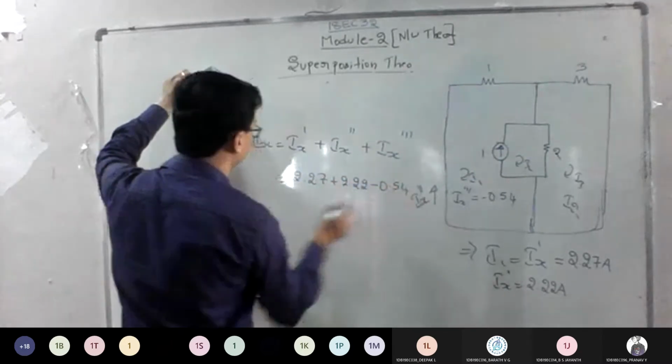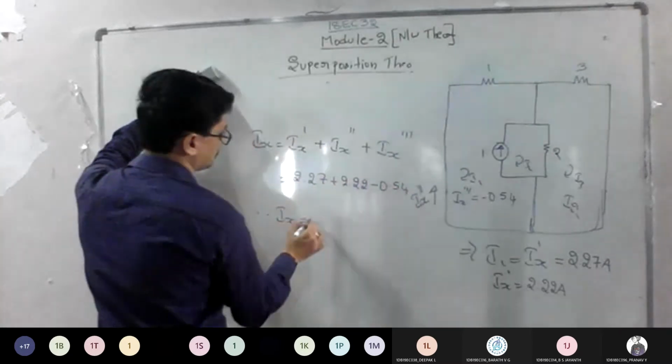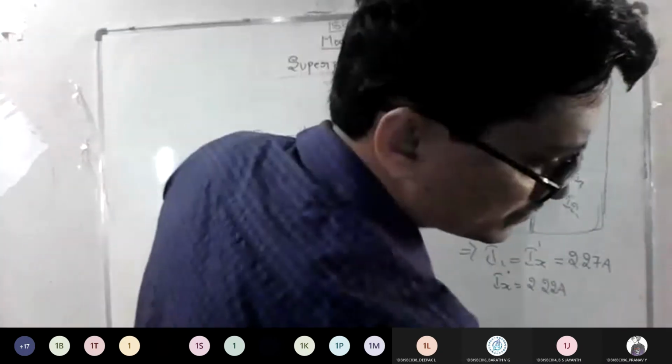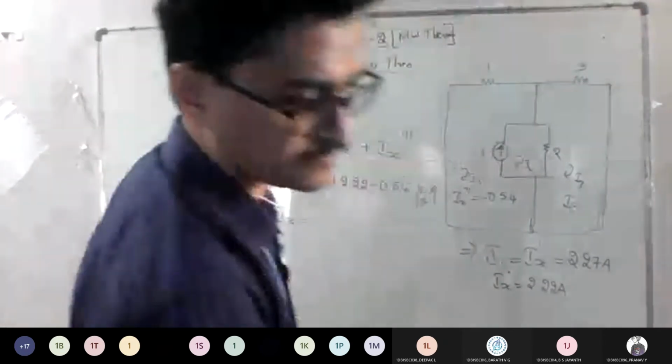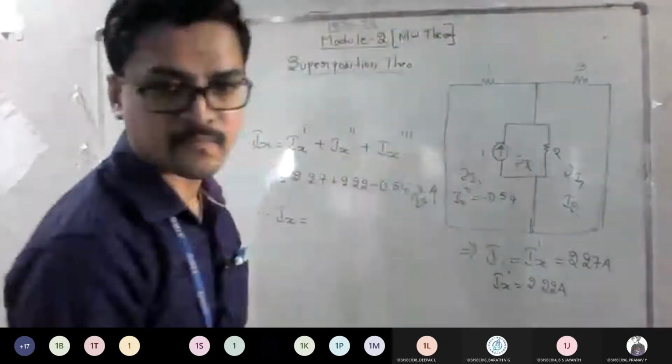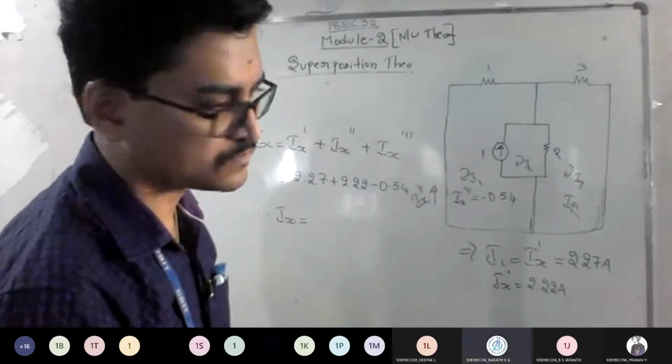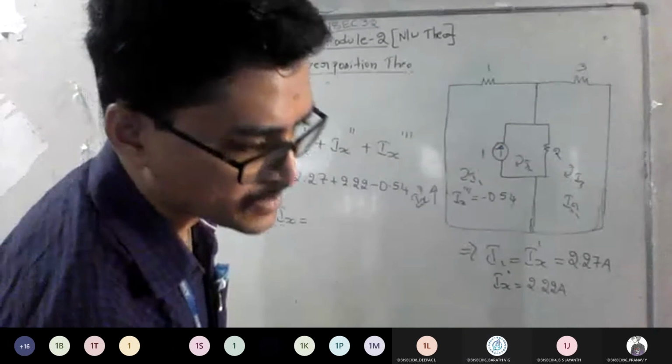How much here? Final answer? How much did you get? 0.090. Zero.